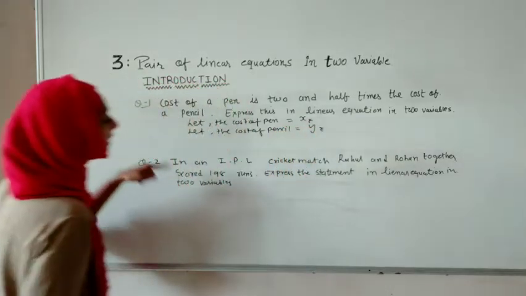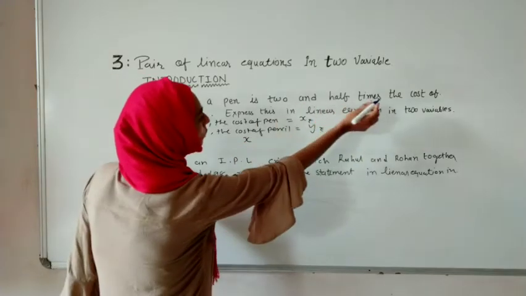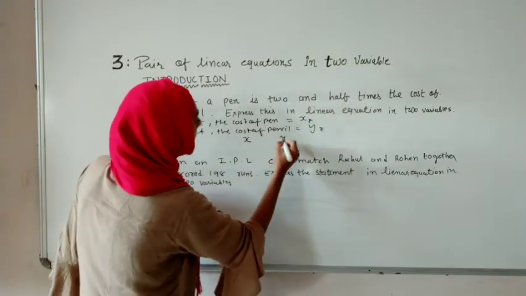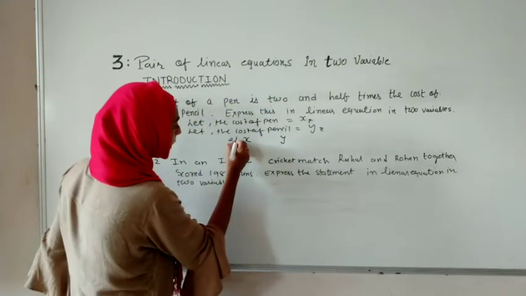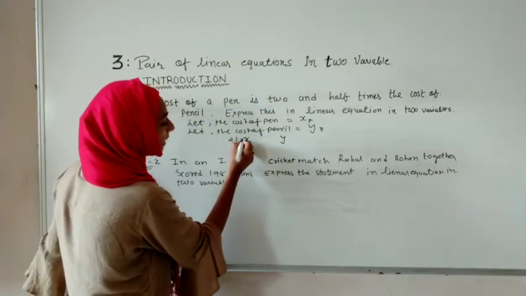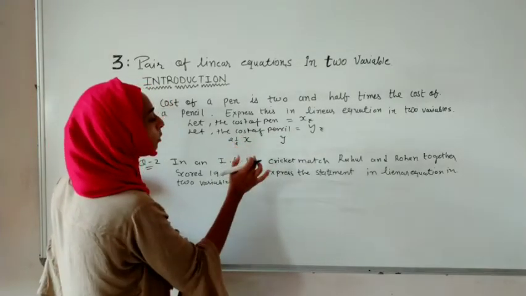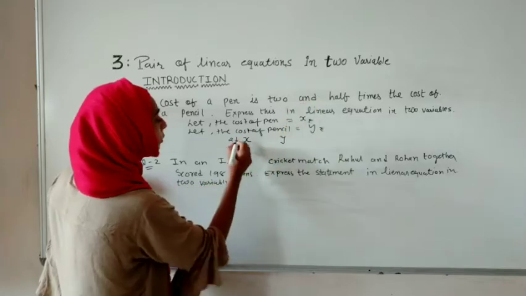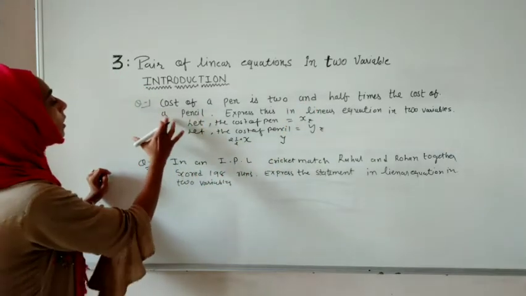Then we will read the statement. The cost of a pen, that is x, and the cost of pencil, that is y. So the cost of a pen is 2.5 times, that is, 2.5 times is already given, meaning multiply. Okay, if it was more, we would add, and if it said less, we would subtract, but it says times, meaning it is 2.5 times a pencil.